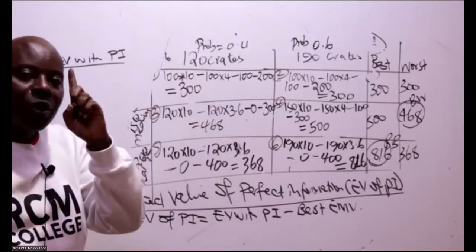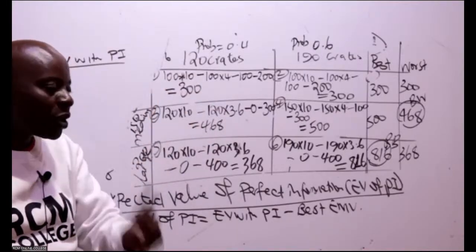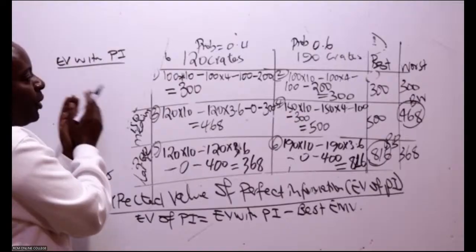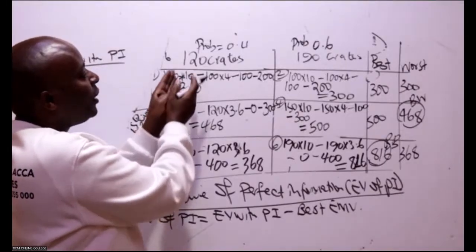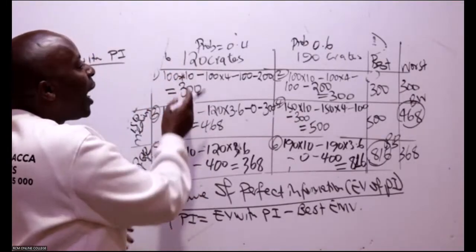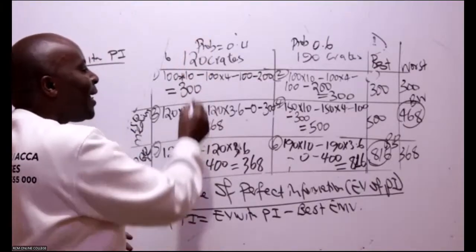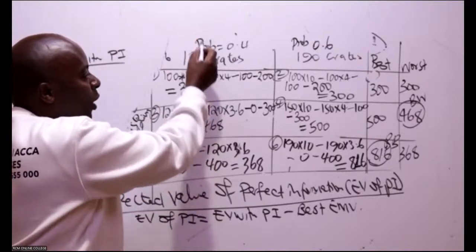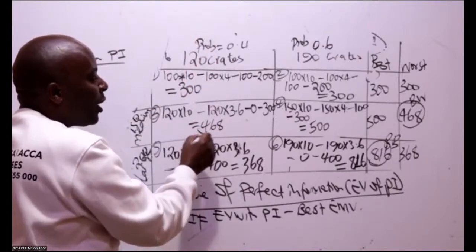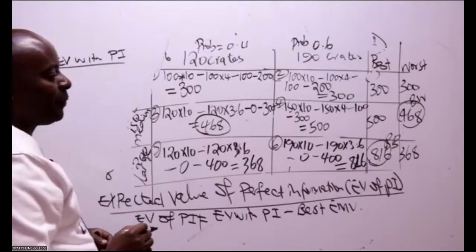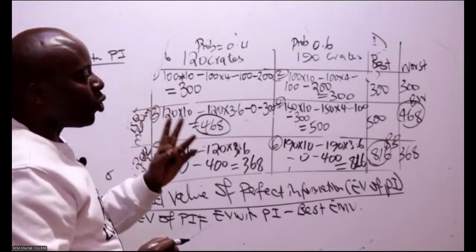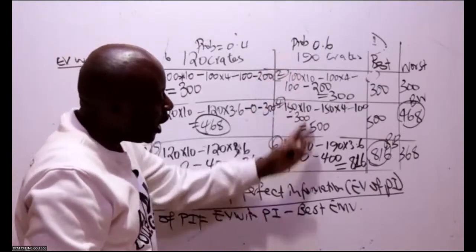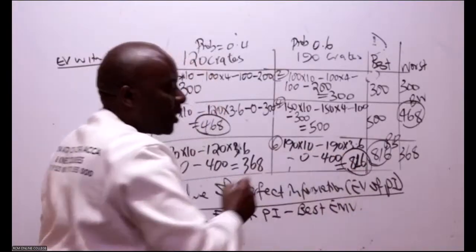So you go to each column with perfect information, armed with the information that this is the state that will prevail, selecting the very highest. For column number 1, the very best is 468. We only have 2 columns, remember. For the second column, the very best is 816.